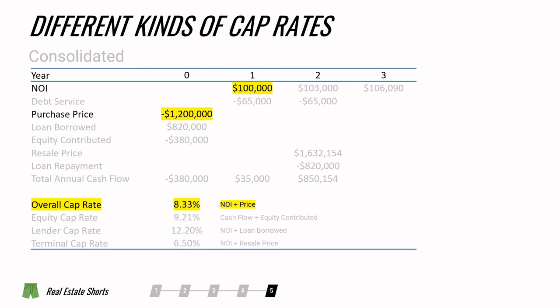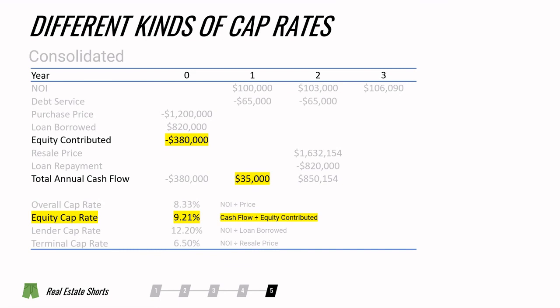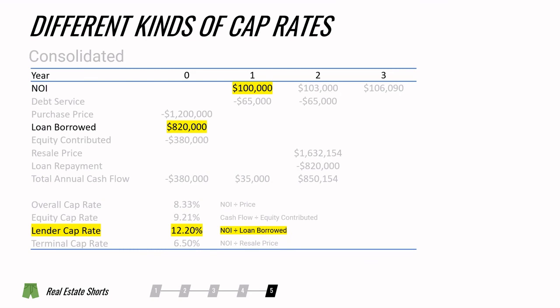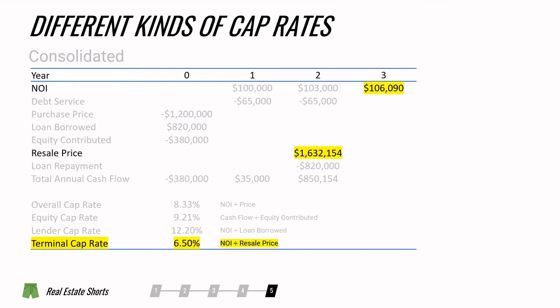Just to highlight each, the overall or going in cap rate is NOI divided by purchase price. Next is cash on cash, that's annual cash flow divided by equity contributed. Next is the lender's cap rate, NOI divided by loan borrowed, also known as debt yield. And finally is the terminal cap rate, the NOI in that last year divided by the resale price.